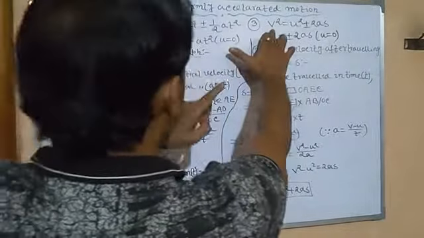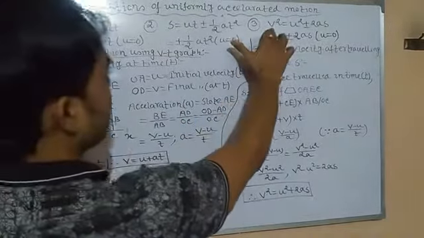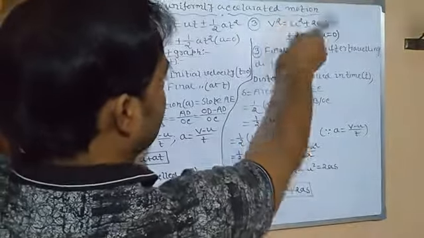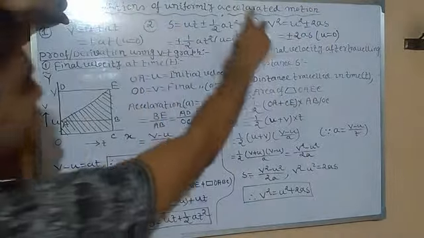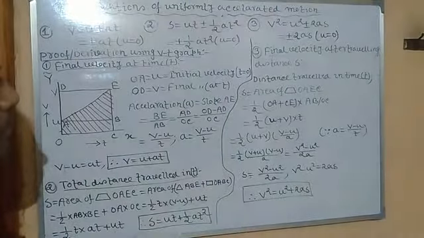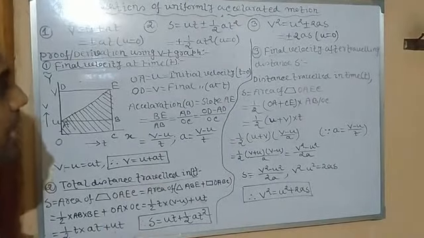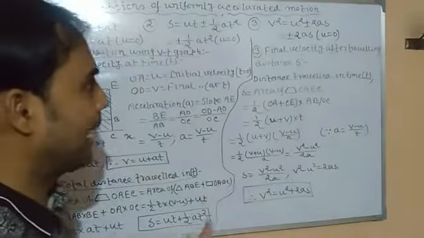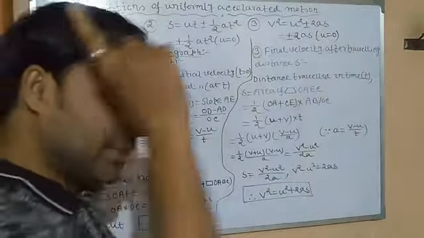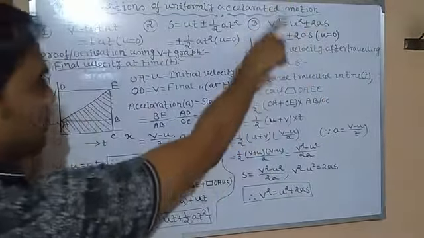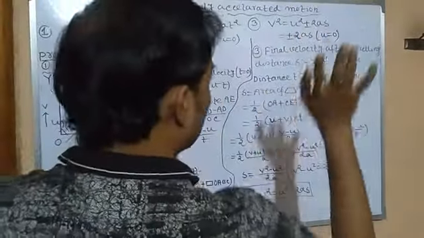Moving on to the third equation. This is also velocity, but here the relation is quite different. A body having initial velocity u, moving with uniform acceleration a, travels distance s, then its final velocity is represented by v squared equals u squared plus or minus 2as.